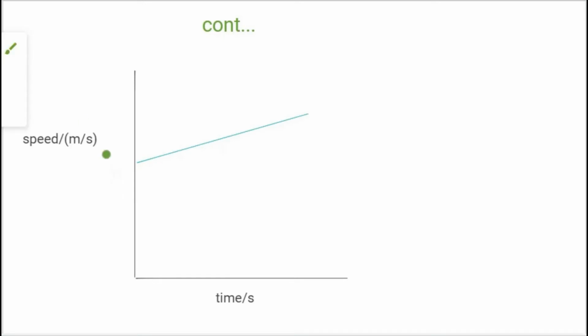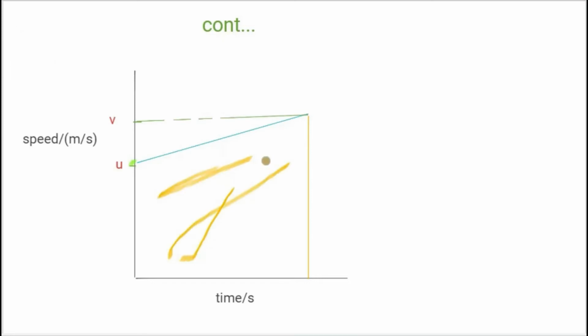Now let's find distance with a different shape, this one in the middle. The one that's starting in the middle is our u, initial velocity, and that will be our final velocity v. Now let's complete the shape by drawing down to the x-axis. On our left hand side we have one parallel side, and on the right hand side the other parallel side, so this is a trapezium. We have to find the area of the trapezium in order to find the distance.